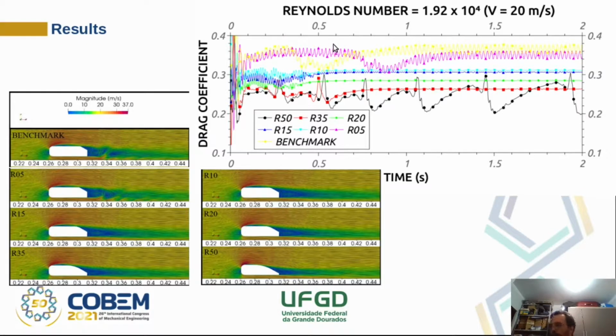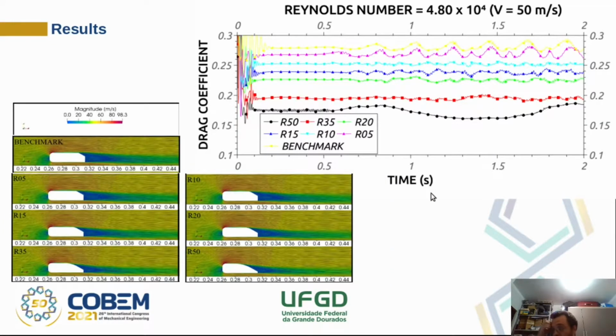If we continue increasing the Reynolds number, what we observe is that this periodic behavior has a lower frequency, and at the rear part of the vehicle, the flow has a smaller recirculation area.